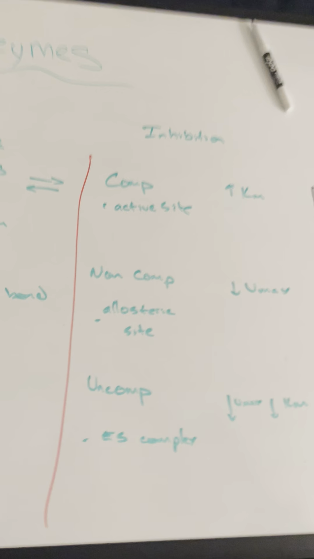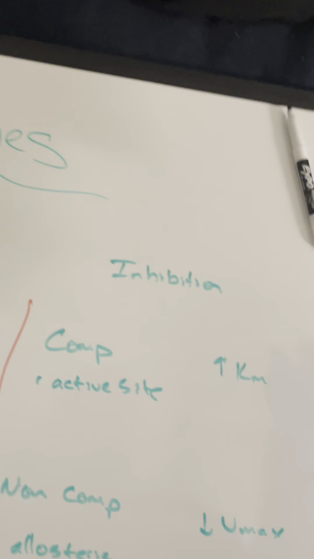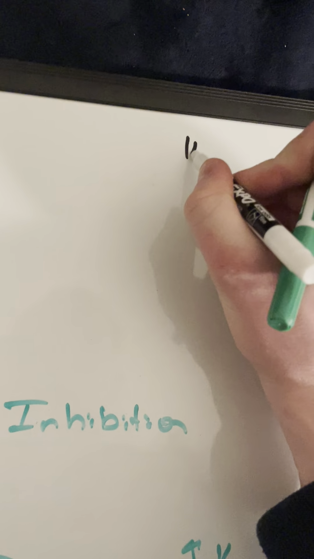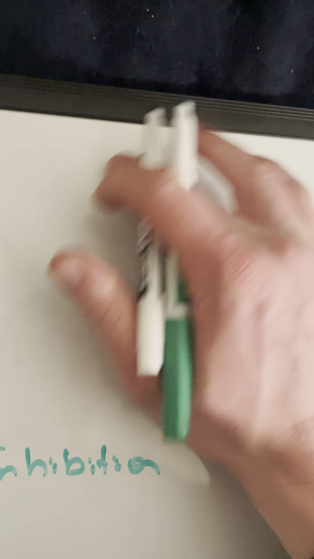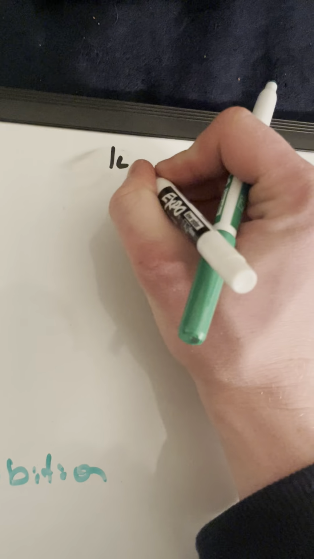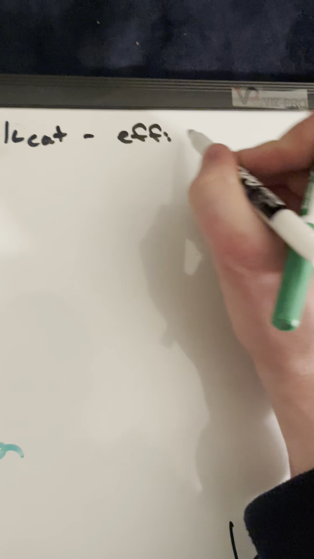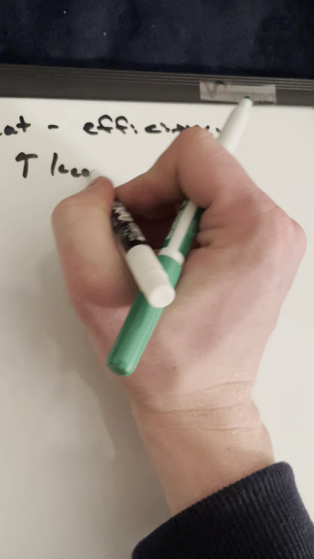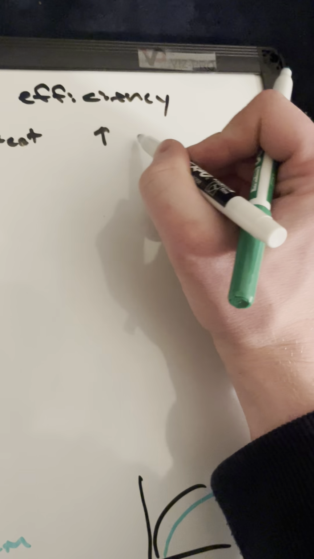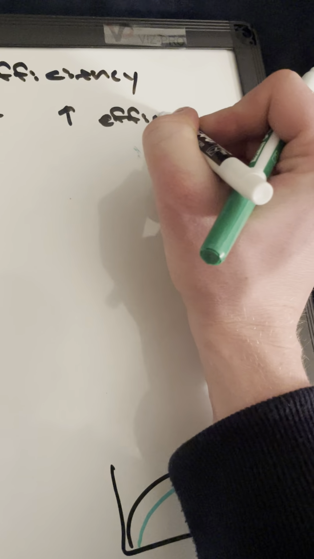Those are the inhibitors. And then we just have some buzzwords up here. We're going to have K-cat, which is going to be efficiency. Increased K-cat is going to be increased efficiency, so you want high K-cat.